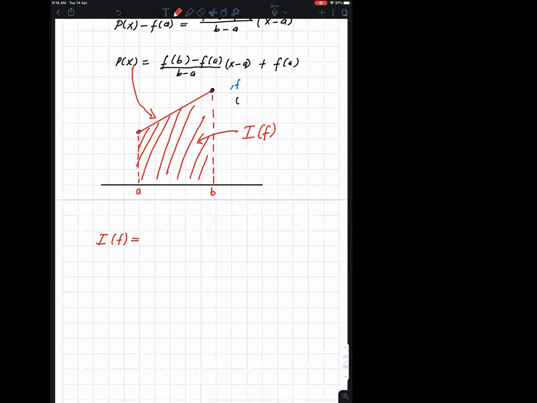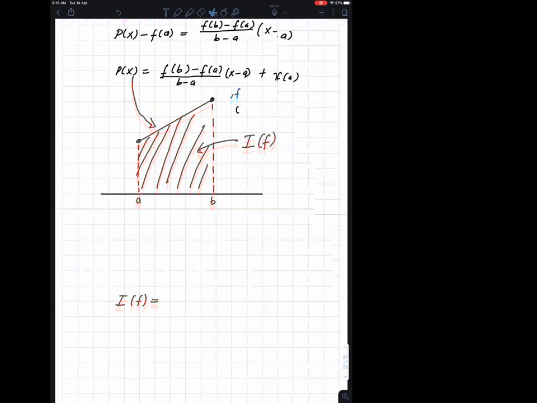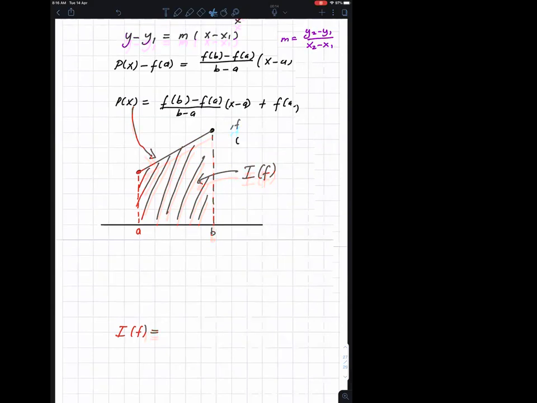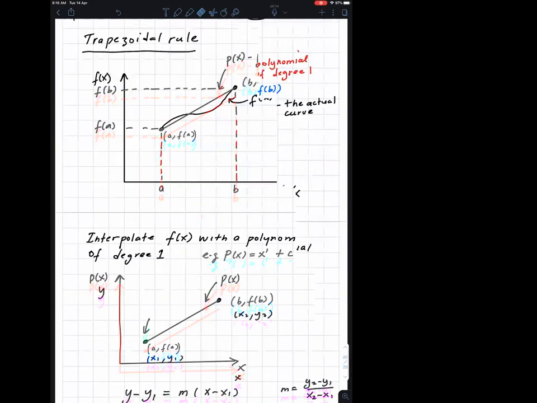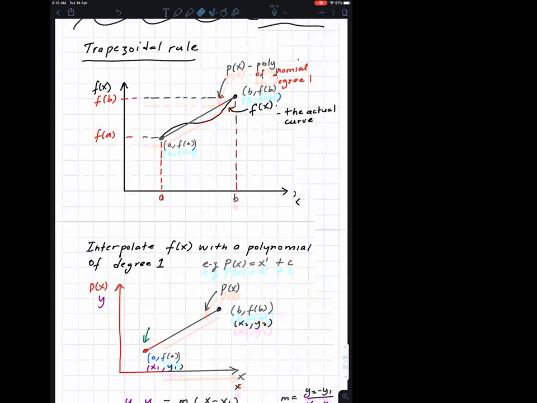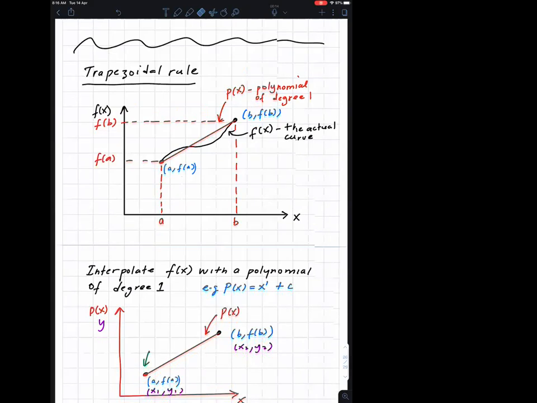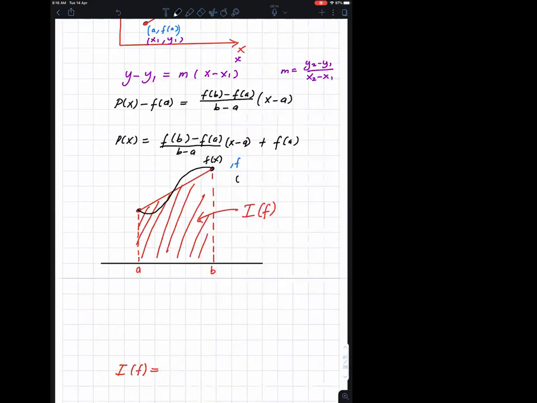So to be able to find the area under the curve, so this is f(x), and the red one is p(x).